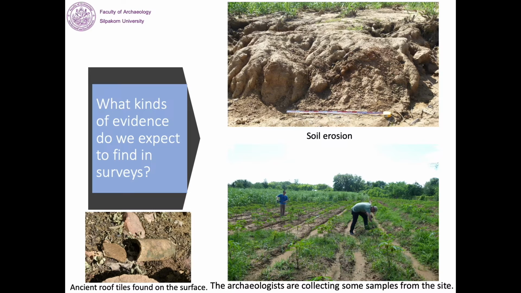Therefore, what we can record are those present on the surface which are caused by both past and present human and environmental actions. In many cases, we find the artifacts in the cultivation areas when the farmers plowed their lands or where people built some structures.